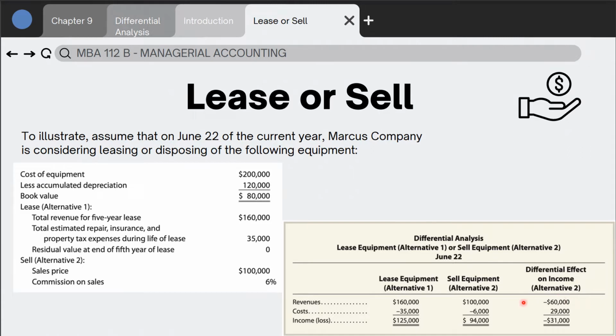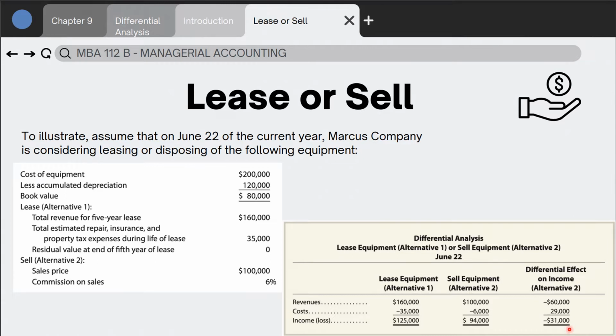And for the costs, we can deduct 6,000 from 35,000, and so that will be 29,000 in the differential cost. So in order to get the differential income or loss, we deduct differential costs from differential revenues, which is 31,000.